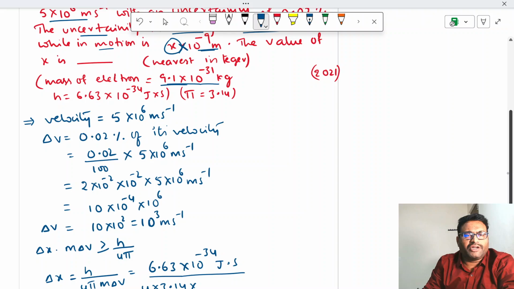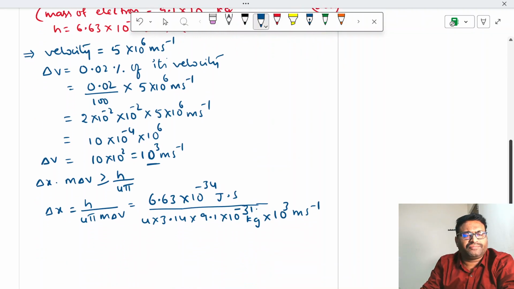That value you need to write, 9.1 into 10 power minus 31 kg into delta v. Delta v we have calculated as 10 power 3 meters per second. Right?